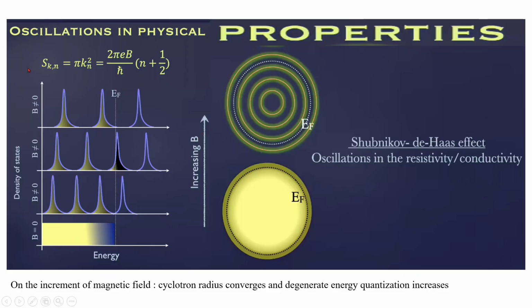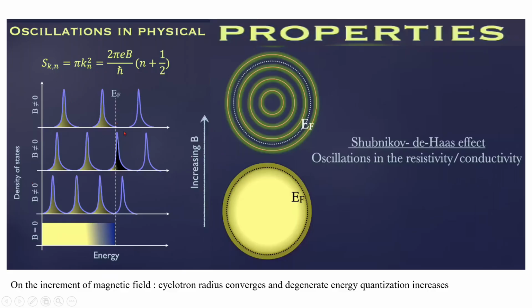But these are shown here with the magnetic field not equal to 0, which means that here is the magnetic field. With the magnetic field increasing, the energy states cross the Fermi energy, and this gives the Landau levels. With the corresponding Landau level there are energy states, and these energy states are the same, and these are the degenerate states.